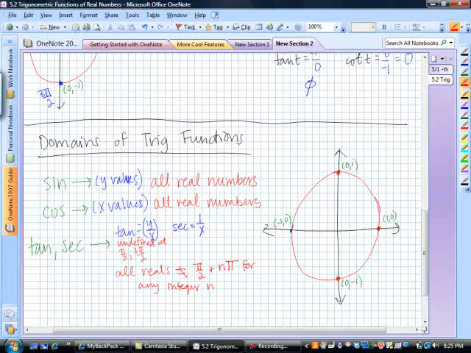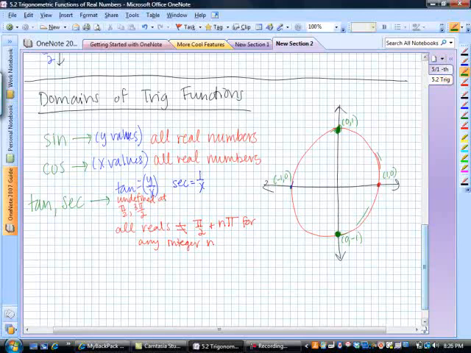What that means is basically the domain is all reals except for pi over 2 plus n pi. So n could be any integer. Plus 1 pi, do you see that pi over 2 plus 1 pi would bring you down to 3 pi over 2? And then plus 2 pi would bring us back up to pi over 2, or I'm sorry, plus 3 pi would bring us back down here. So basically it's pi over 2, and you add pi each time, and every time you add pi, you go halfway around the unit circle. So we have to exclude pi over 2 and 3 pi over 2 for the domain for tangent and secant.